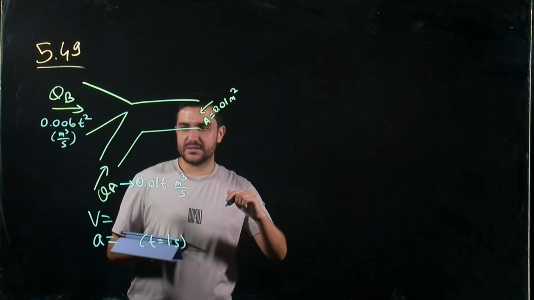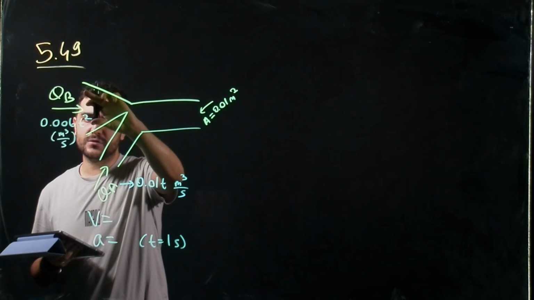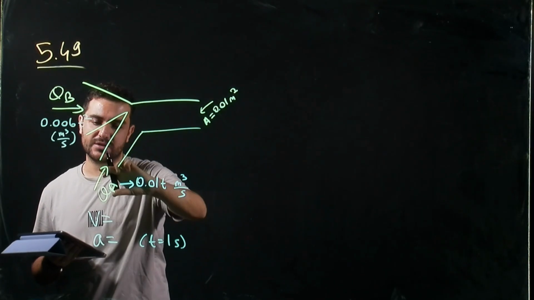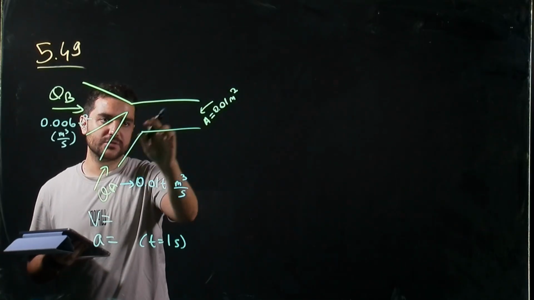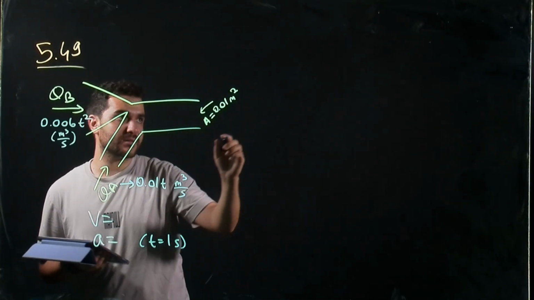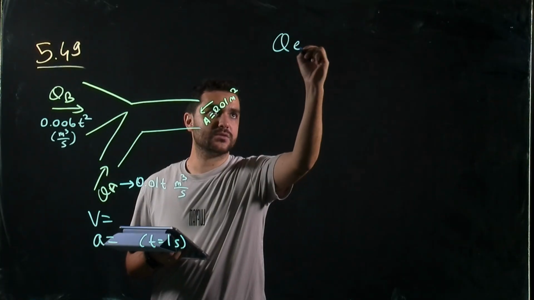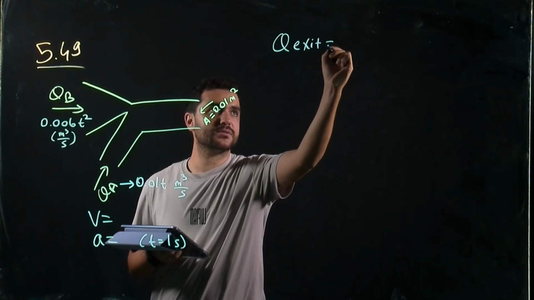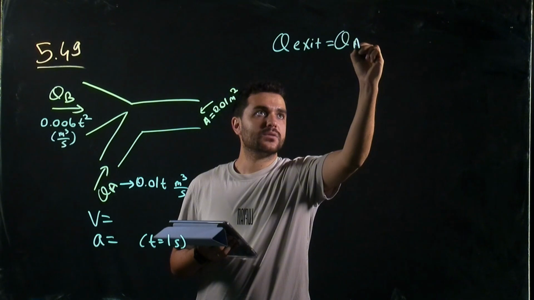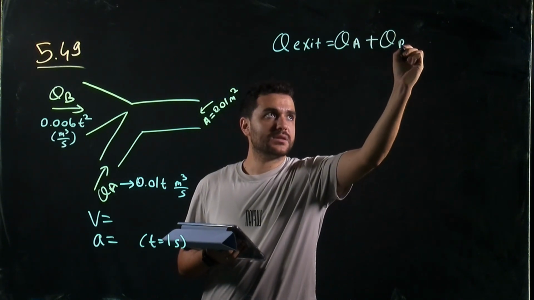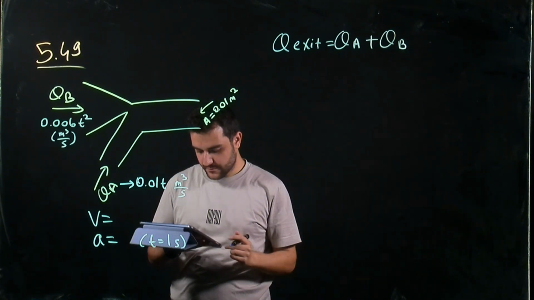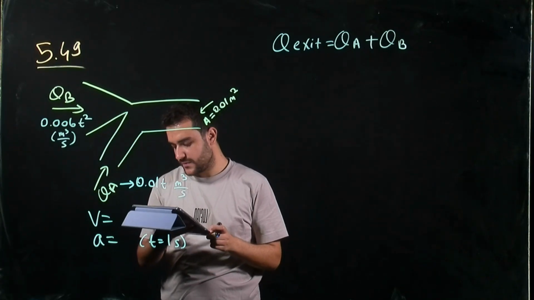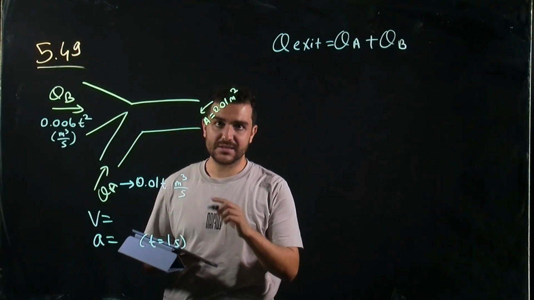Basically, since we have two flows, QB and QA, they will be equal to Q exit. So let me write Q exit is equal to QA plus QB. In the question we need to find the velocity at the exit.